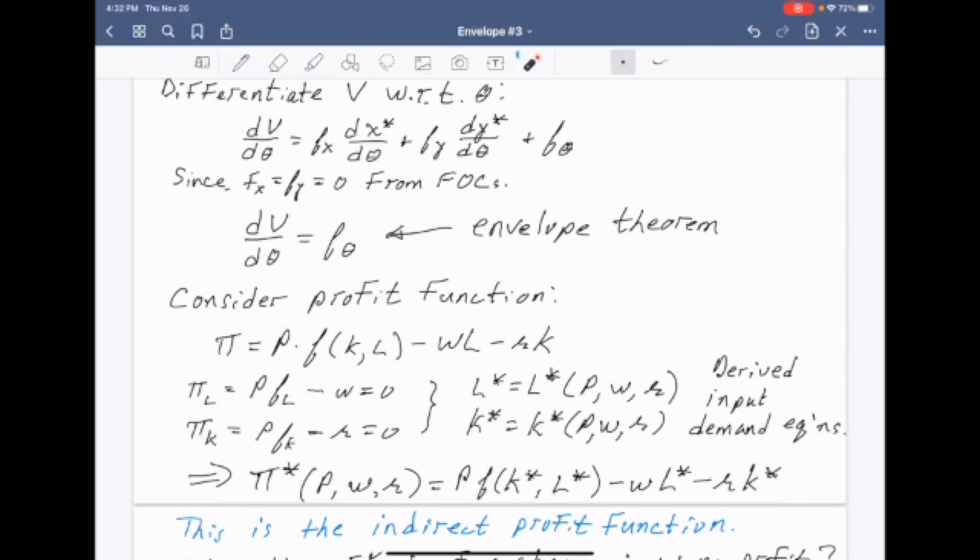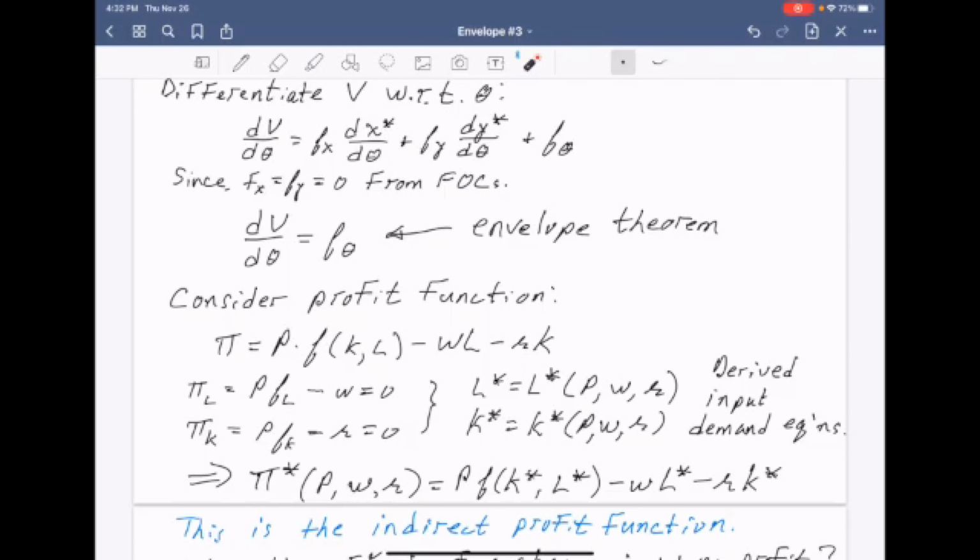the partial of f with respect to x multiplied by the derivative of x star with respect to theta, plus the partial of f with respect to y multiplied by the derivative of y star with respect to theta, plus the partial of f with respect to theta.